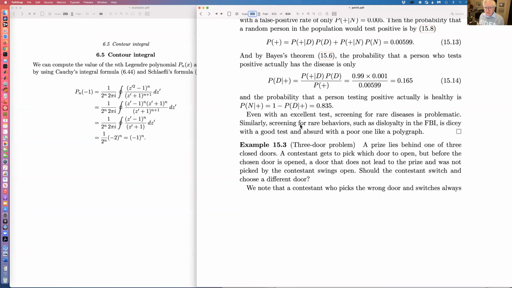And the same thing is true for rare behaviors. So disloyalty in the FBI is dicey with a good test and absurd with a poor test like a polygraph. So this is why good courts don't allow polygraphs in many cases.